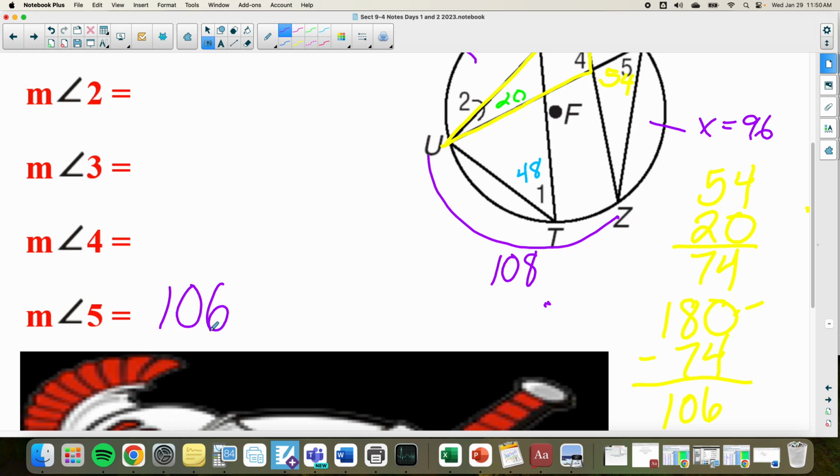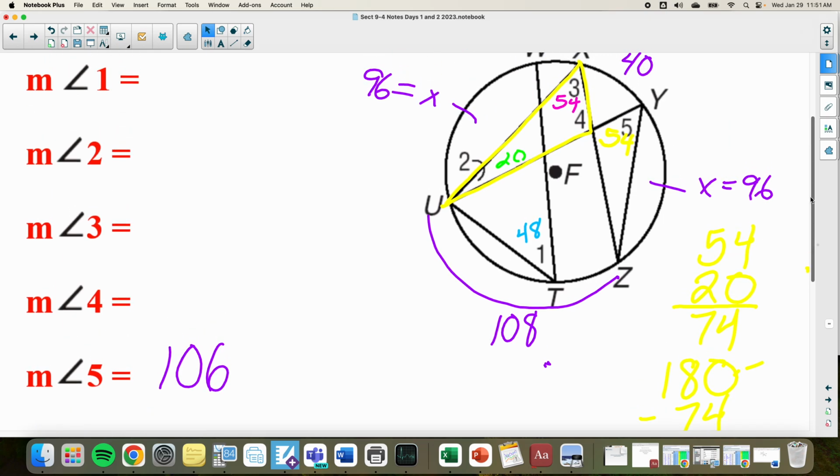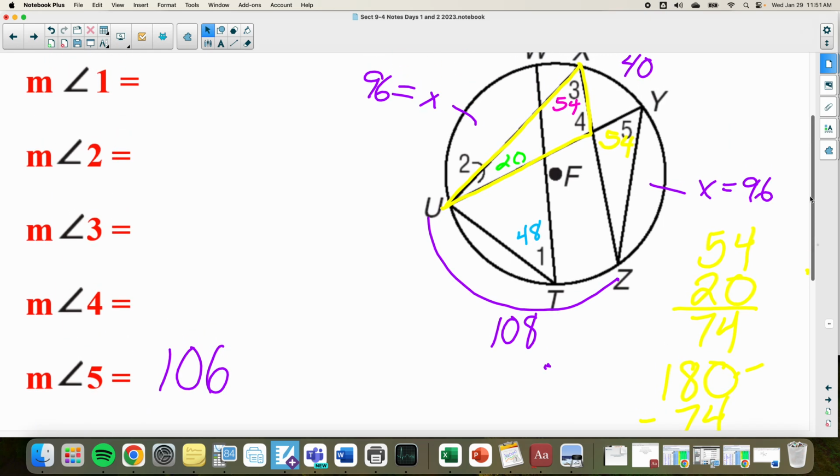Now, your assignment for today is a worksheet, and I'm trying to think if I put it up there, just give me 1 second. Angle 4 we found to be what, 106? Yeah.